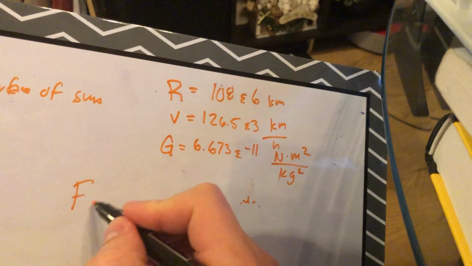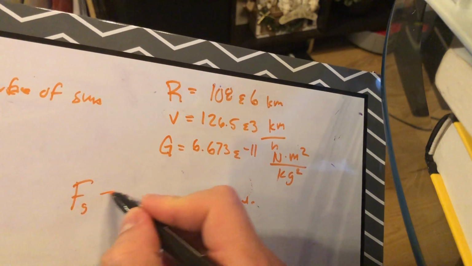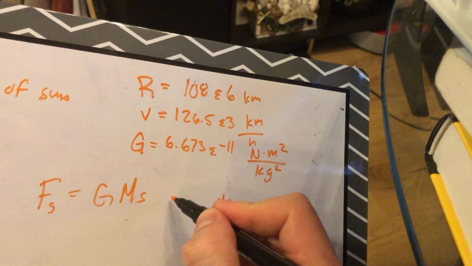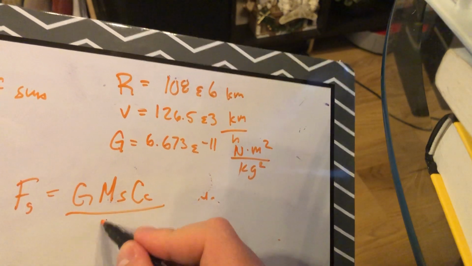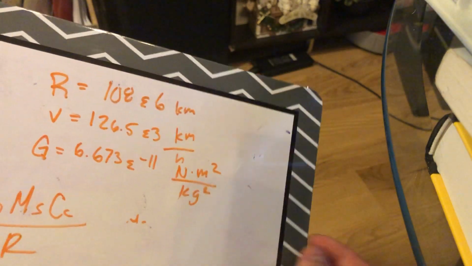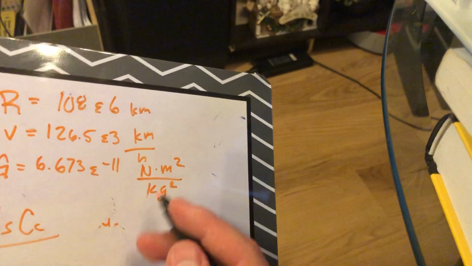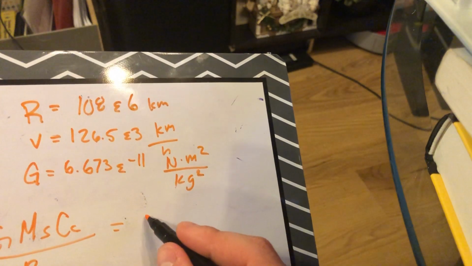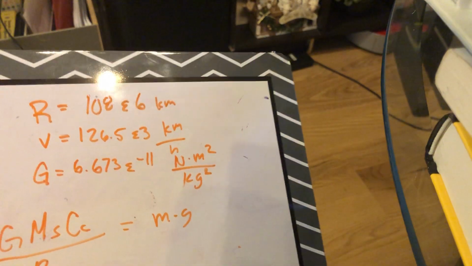We know the force of gravity is big G, mass of satellite, mass of central body, over R squared. And I don't quite remember how we came about to have that. But that is essentially going to equal mass times gravity, right? The force here.